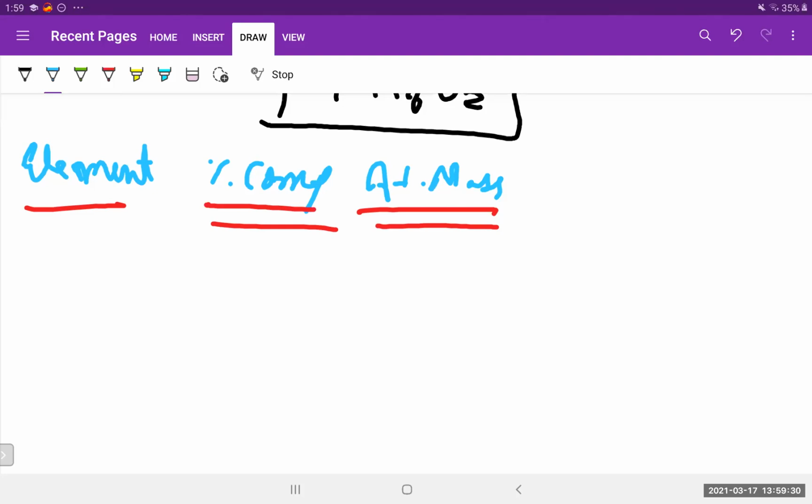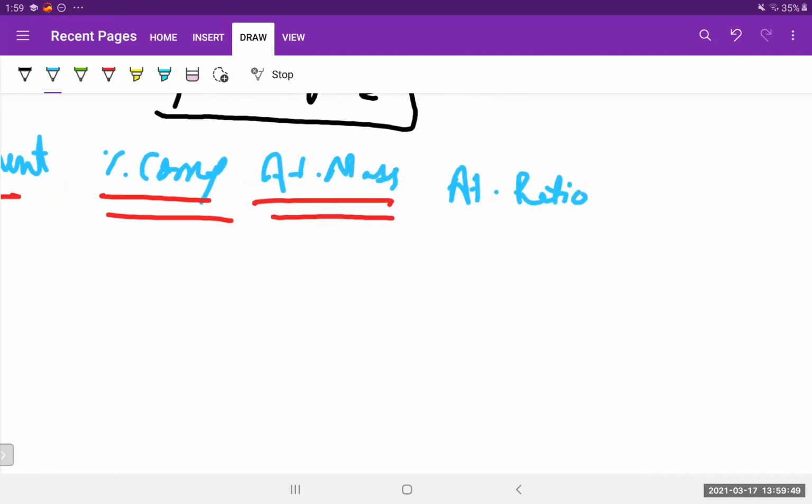Otherwise, if you write this first, then what will you do? You will divide atomic mass by percentage composition. That will be a huge blunder. The whole calculation will go wrong, isn't it? Then what do we have to do? We will divide both these and we'll get a ratio. That will be atomic ratio. Then we'll take out the least value from the whole atomic ratio, isn't it?